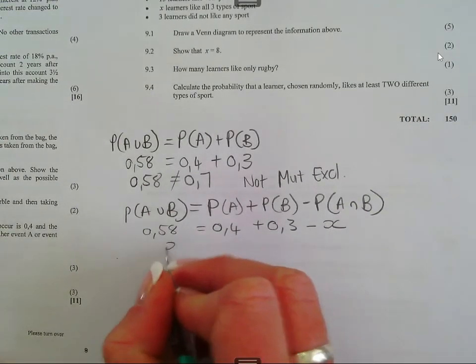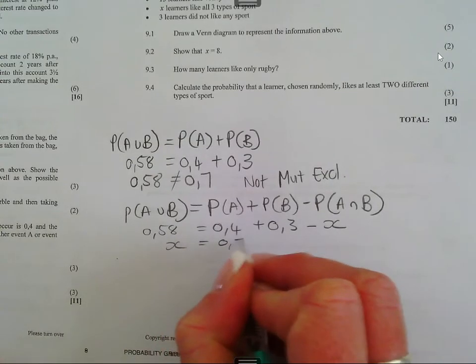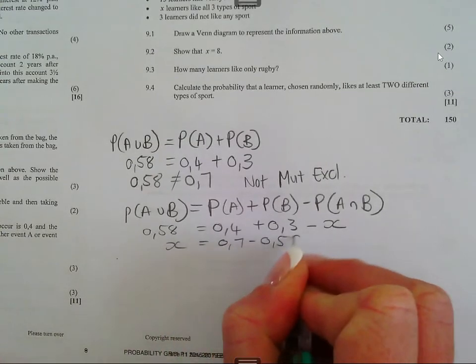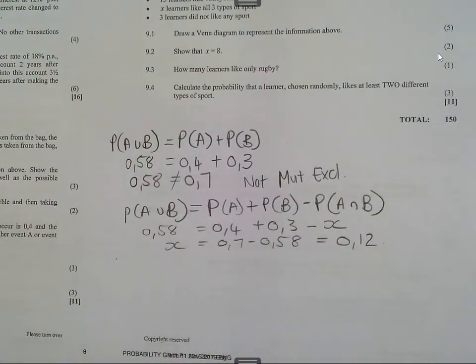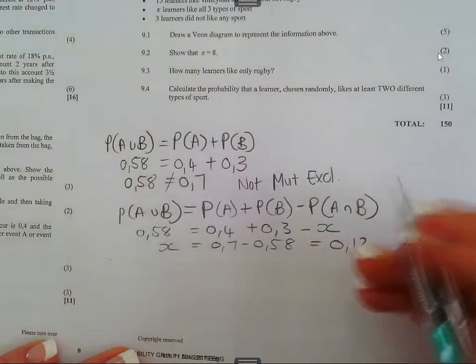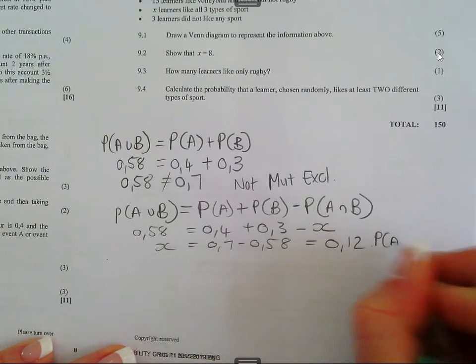So I take x over to this side, and then I've got 0,7 minus 0,58, and that gives me 0,12. This is now the probability of A and B.